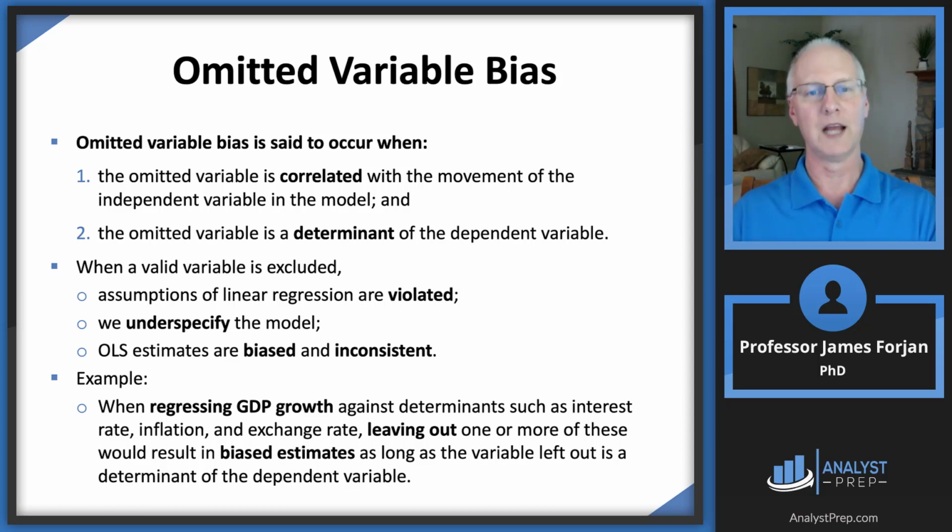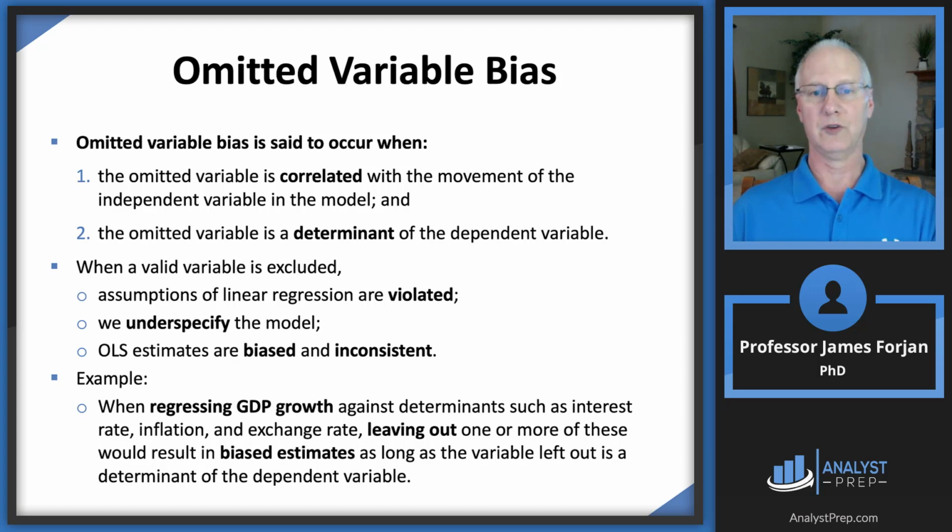How often are we going to get that? How often do we ever get perfection in life? Of course, it rarely happens. I mean, sometimes it happens, but it's a rare event. And so one of the big challenges in multiple regression analysis and the interpretation of the results is, do we have the right model? If we don't, if we're missing a variable, we call this the omitted variable bias.